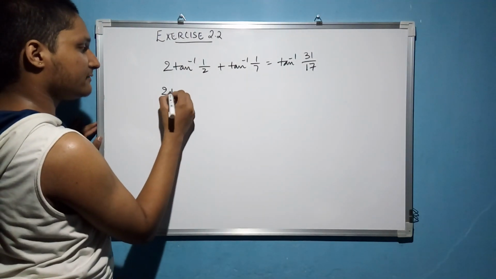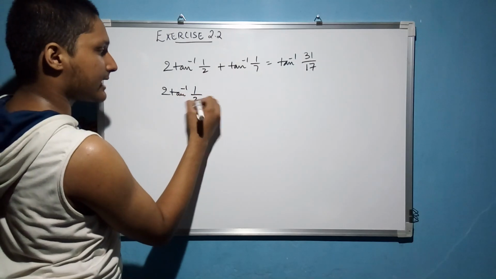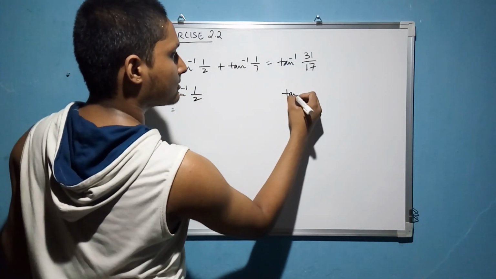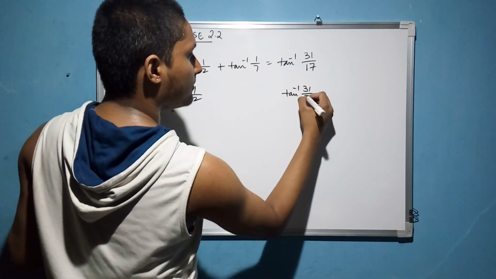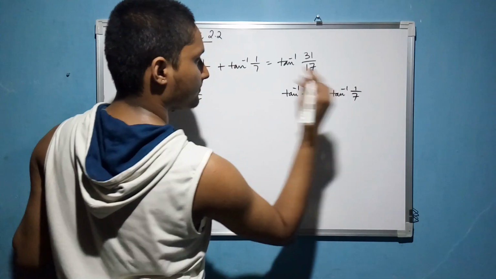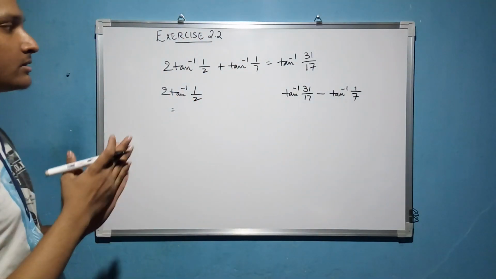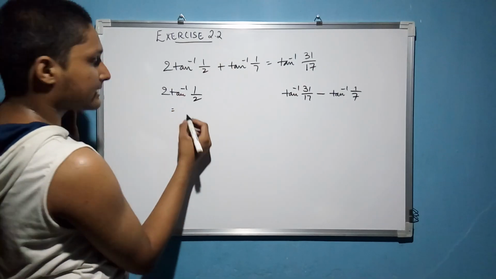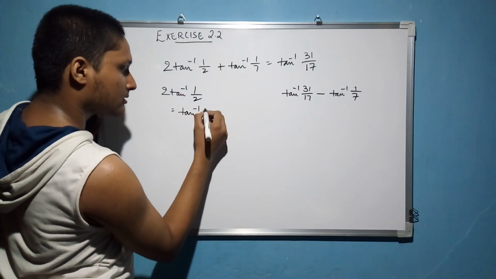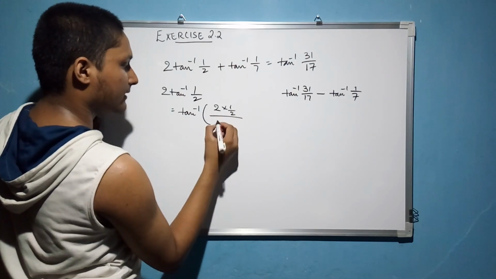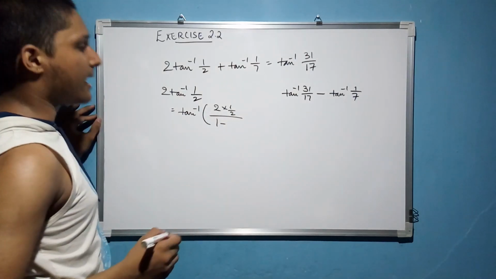So maybe 2 tan inverse half. First I'll calculate 2 tan inverse half, and later I'll calculate tan inverse 31 by 17 minus tan inverse 1 by 7. Okay. So what are you going to get here? 2 tan inverse x is tan inverse 2x divided by 1 minus x square, so 2 into half divided by 1 minus x square.